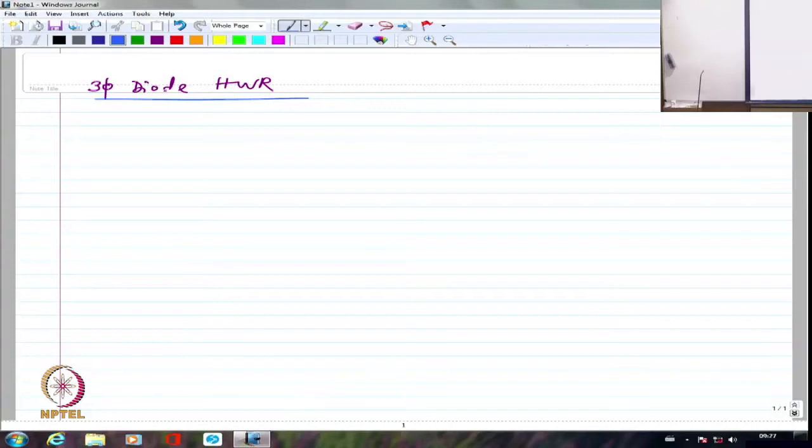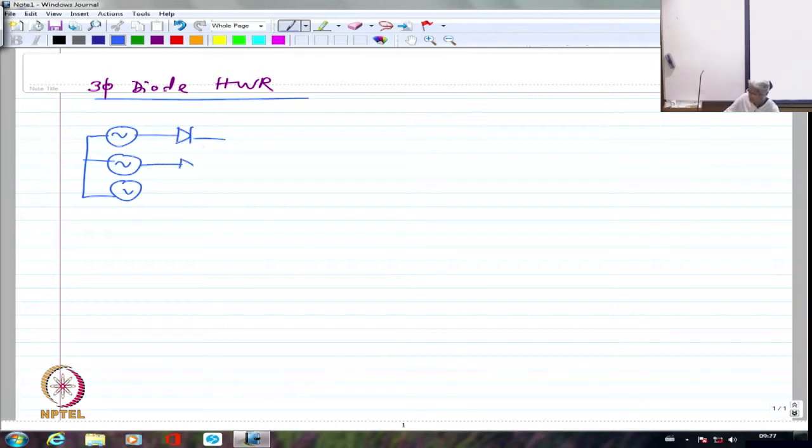Okay, so we said that we'll have the three-phase supply, A, B, C phases with the neutral, and we are going to have 3 diodes which are somewhat like this, and we are going to have a load between the neutral and the star point of the 3 diodes.